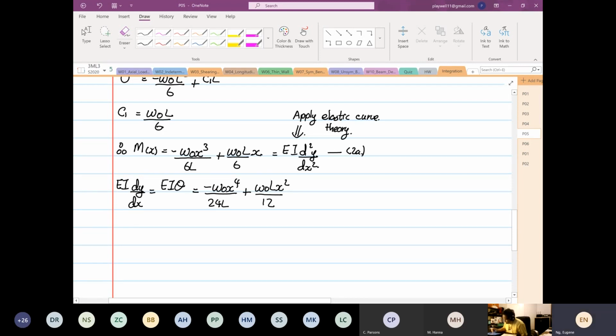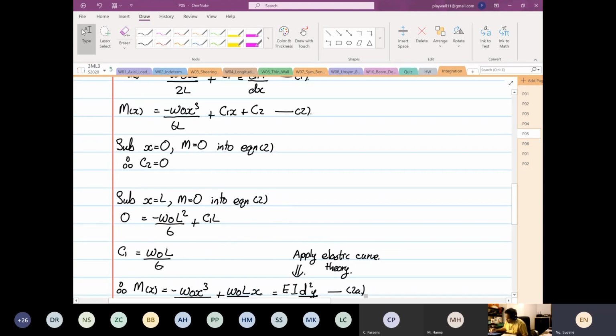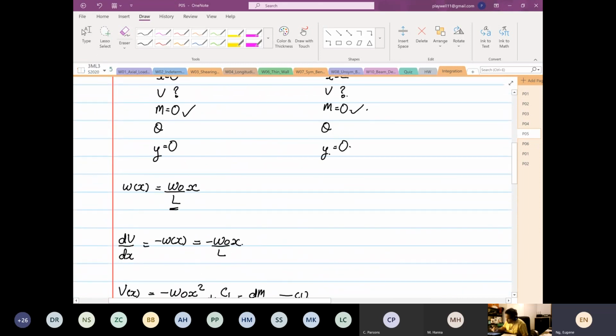This is your equation number 3. So can we solve for C3? The answer is no, because we don't know any boundary condition for theta. Then we move on.